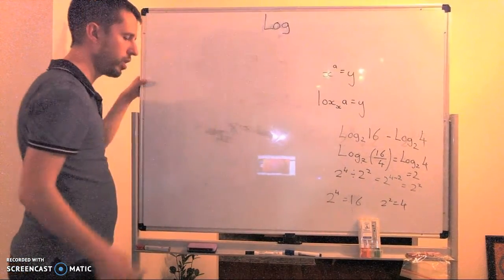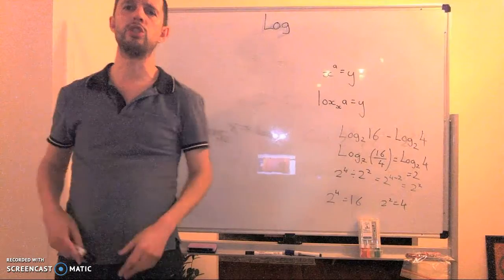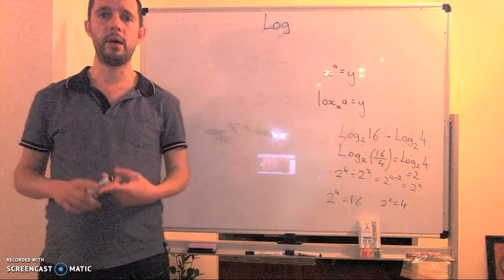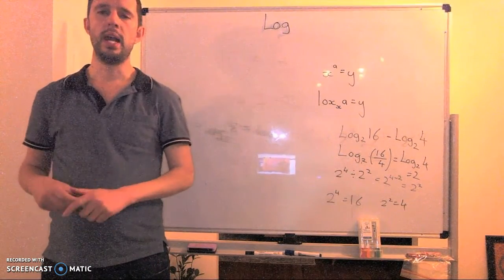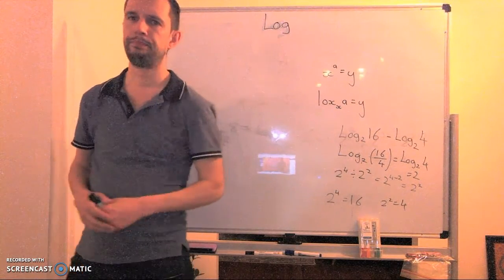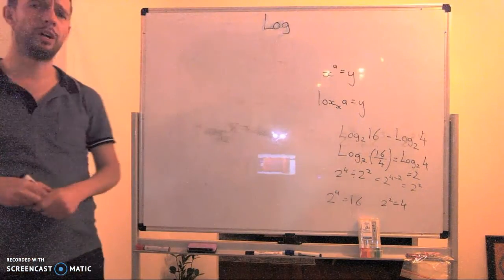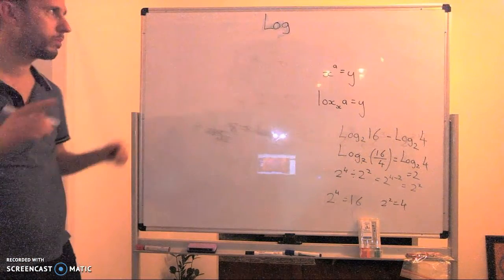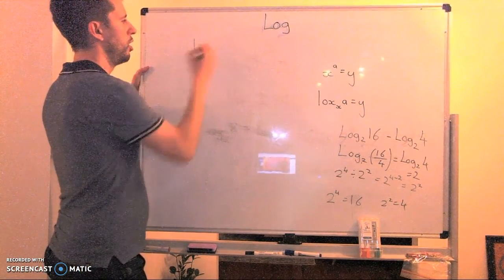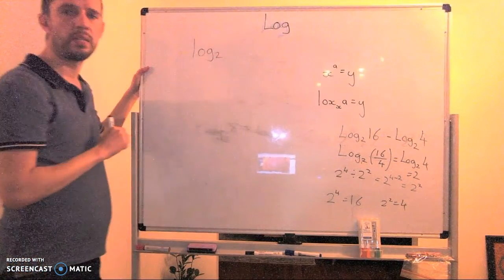Now I want us to really think about a deeper relationship. So we're really understanding now how to multiply and divide with our exponents and relate it to our logs. Now I want to go the next step. So for example, I'm going to start off with log, still keeping it as base 2.